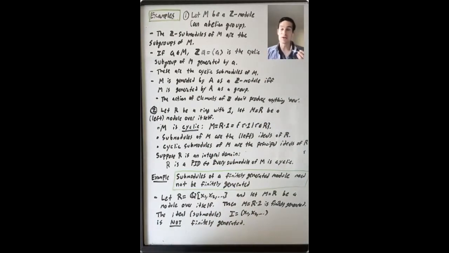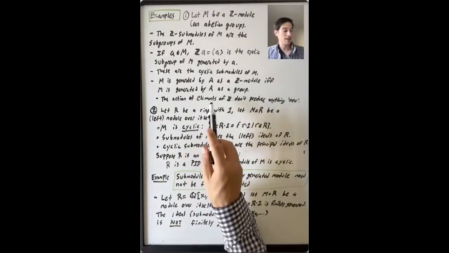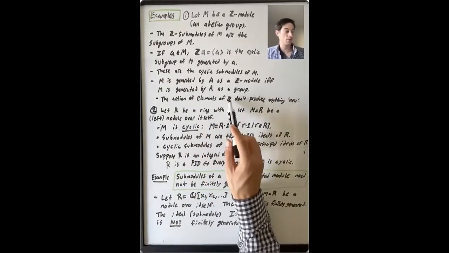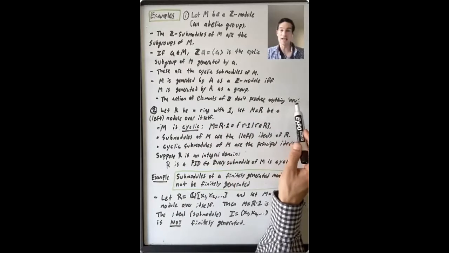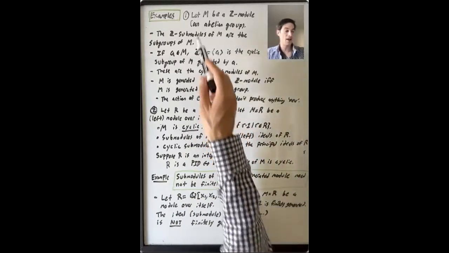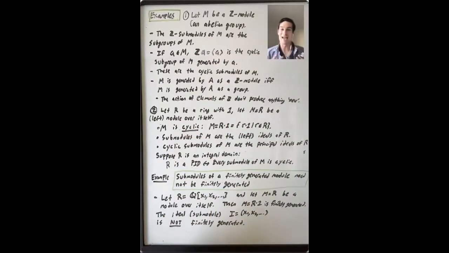Like it will include the abelian group generated by the set A. But in general, the action of the ring R could get you a lot of other elements as well. What's special here is the action of elements of the ring Z doesn't give you any new elements of M that you didn't already have.